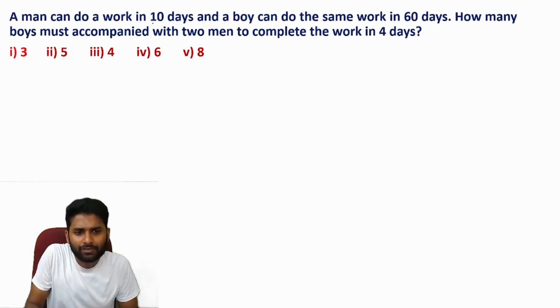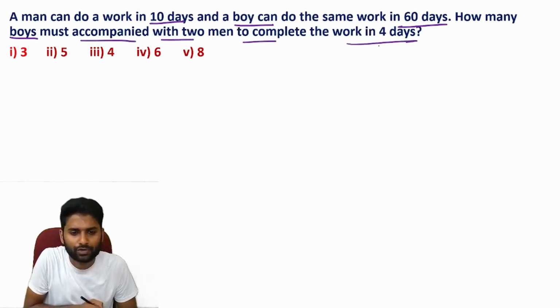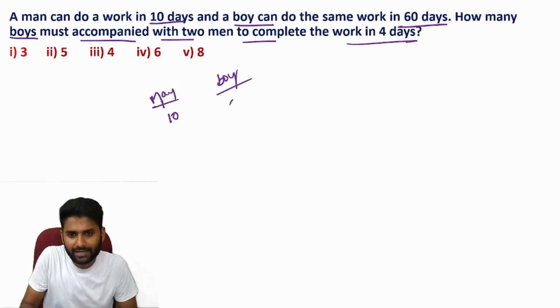A man can do a work in 10 days. A boy can do the same work in 60 days. How many boys must combine with two men to complete the work in 4 days? A man takes 10 days, a boy takes exactly 60 days. So the efficiency of a boy is exactly 1 unit, and a man is 6 units.